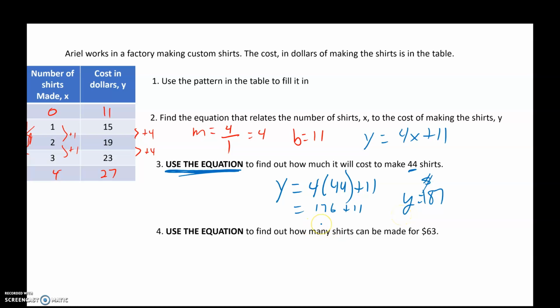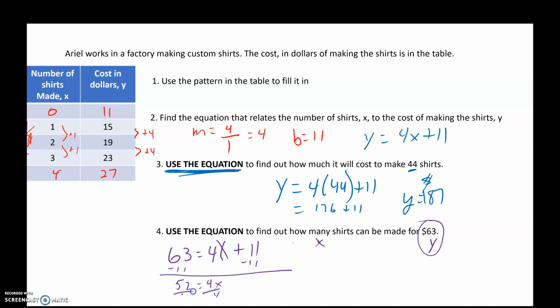All right, now the next question is phrased a little bit differently. This one says, use the equation to find out how many shirts can be made for $63. We've given you the money, and we're looking for the number of shirts. So the money is the y, so 63 goes in the y position. It's 4 times x, that's an ugly x, I apologize, plus 11. So we subtract 11 from both sides, and that gives me 52.